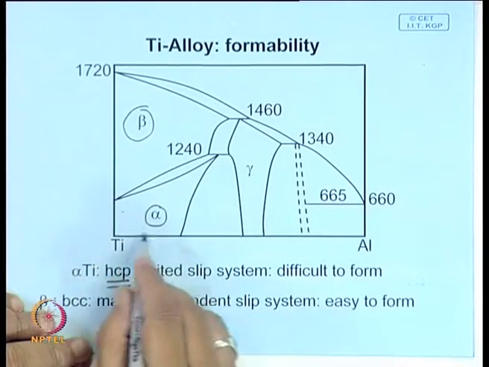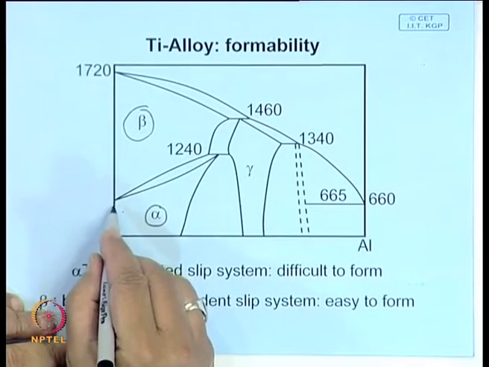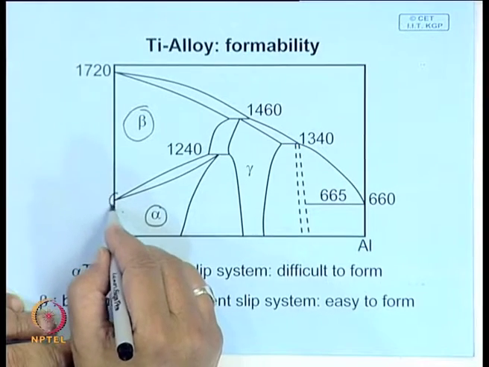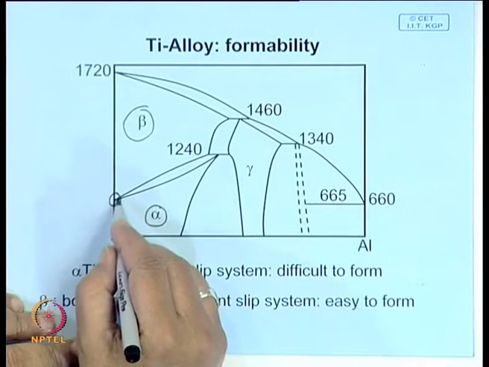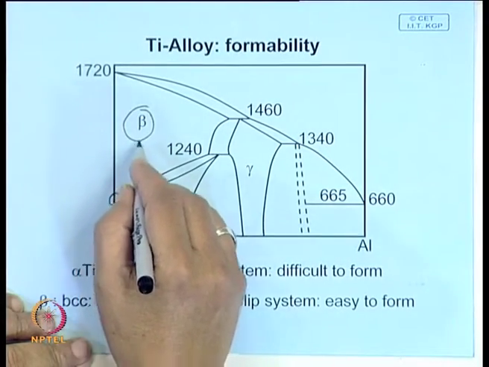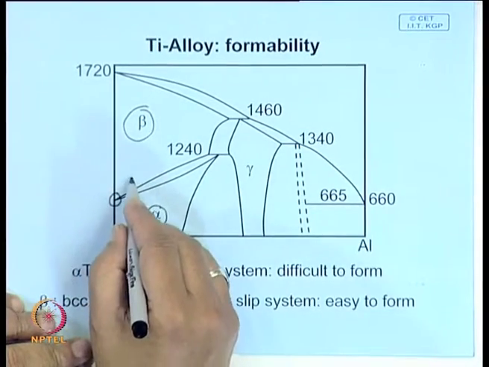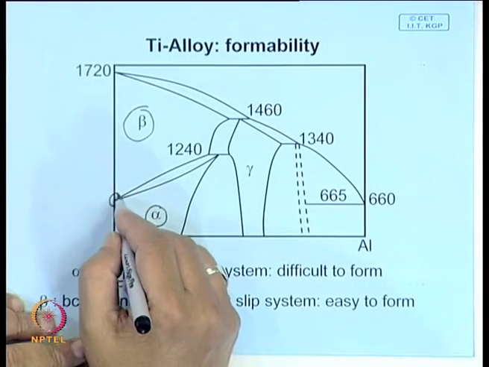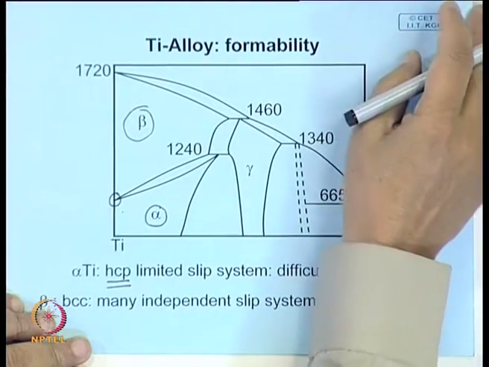And there are different types of alloy additions which can be made to this. If we want to protect titanium from the environment, because at high temperature it will come in contact with nitrogen and oxygen and the properties of titanium will deteriorate, and if you do not want to work at a higher temperature, by adding alloying elements this transformation temperature can be brought down.